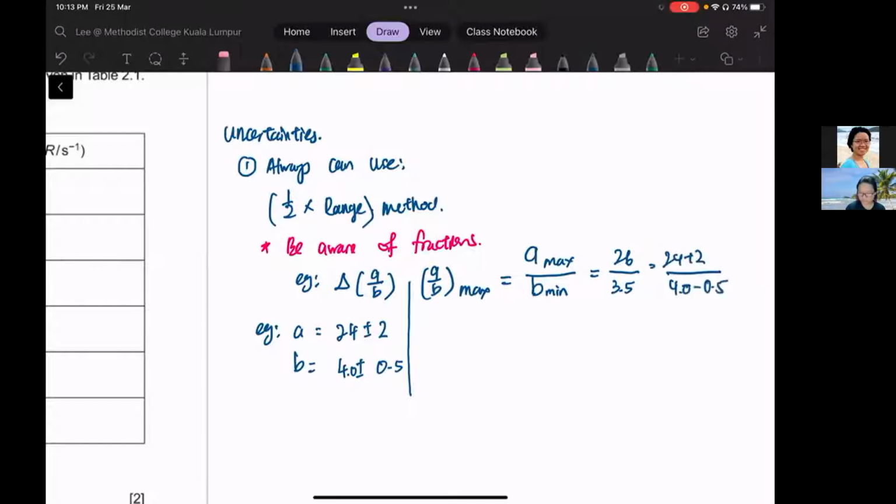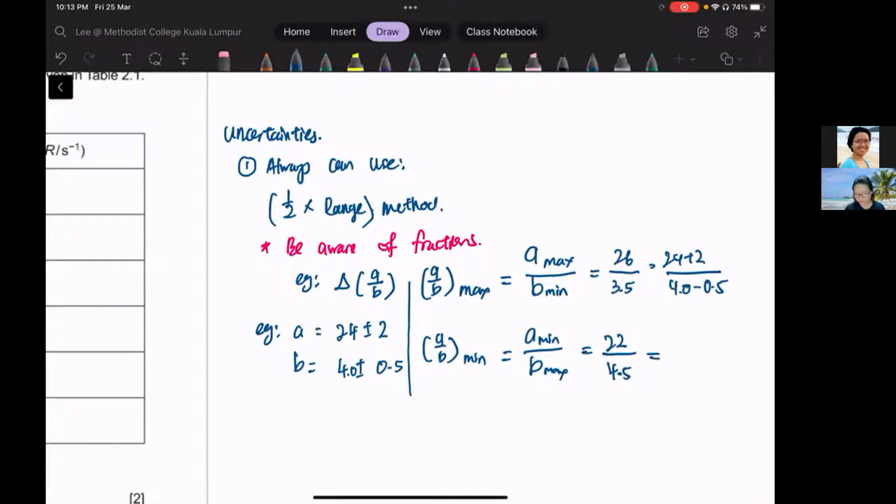Then only you get the maximum value. And then if you want to find A over B minimum, it would be A minimum over B maximum. So you will need to take 22 divided by 4.5.